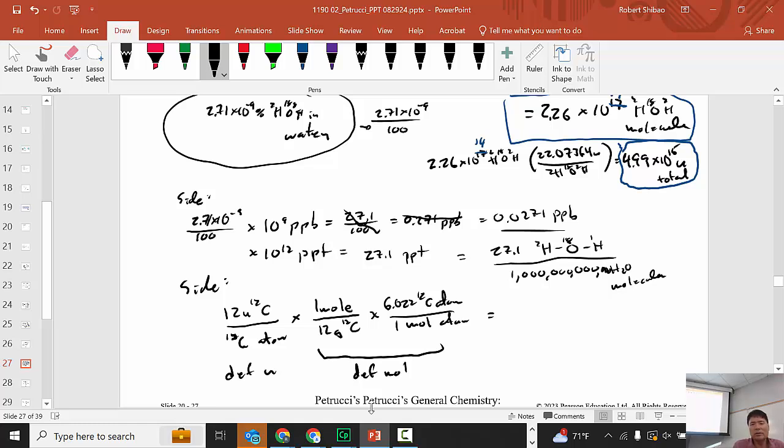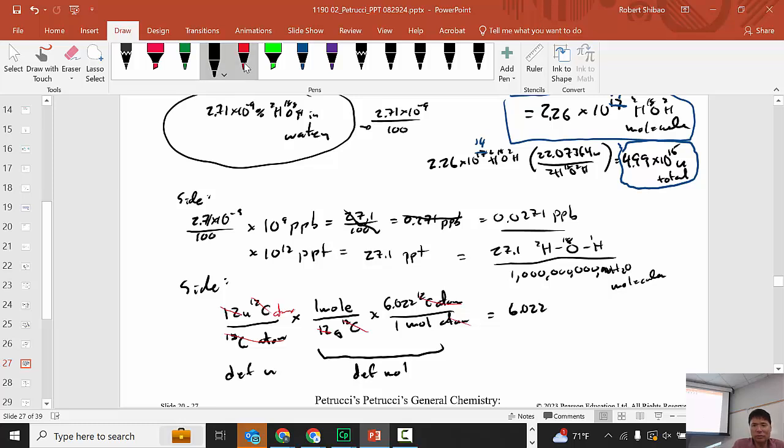And then the units cancel, and that leaves us with units of what? Okay, let's see. 12 cancels. Carbon 12 cancels carbon 12. This carbon 12 cancels that carbon 12. And the atoms cancel. This is atoms here. And what we're left with is this.